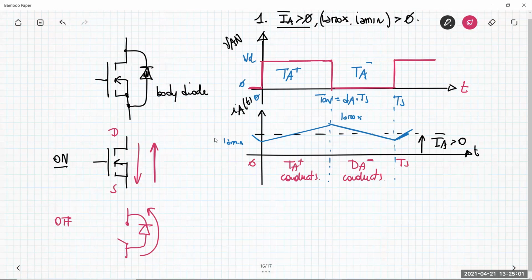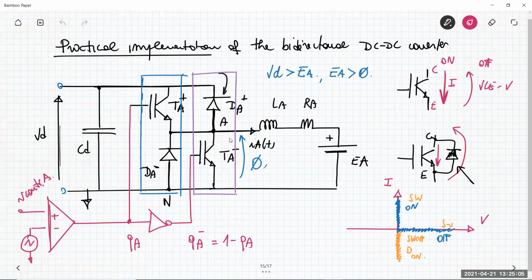So among the 4 devices that are included in the switching power pole, for that specific situation, the devices that always conduct the current, depending on the section of the period, T on or not T on, are TA plus and DA minus. So these are the devices in the blue box here.